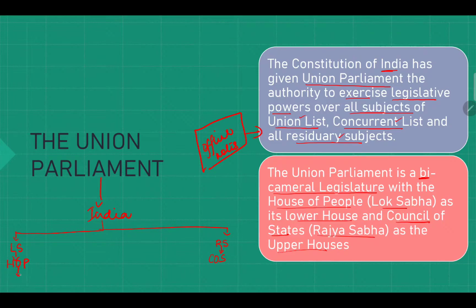The House of People is also called the lower house, and the other is called the upper house. It can be quite confusing, but Lok Sabha is the lower house and Rajya Sabha is the upper house.